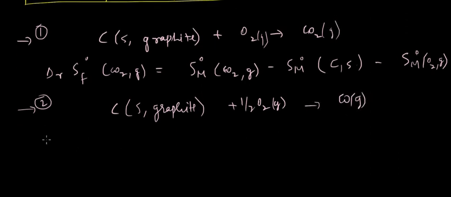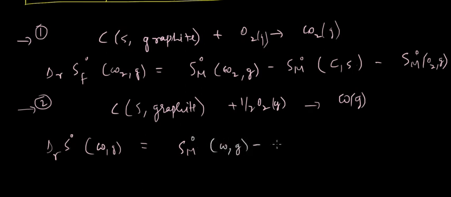So in this reaction we can write that ΔrS° for CO(g) can be written as Sm° CO(g) minus Sm° C(s) minus half of Sm° O2(g).